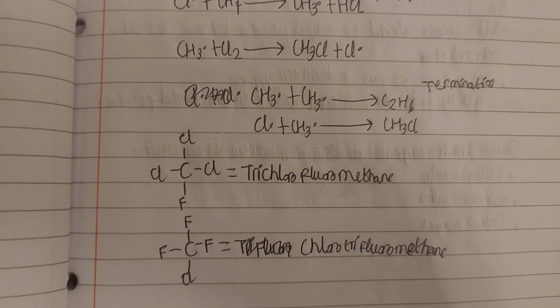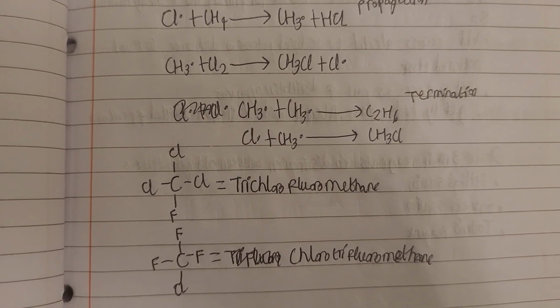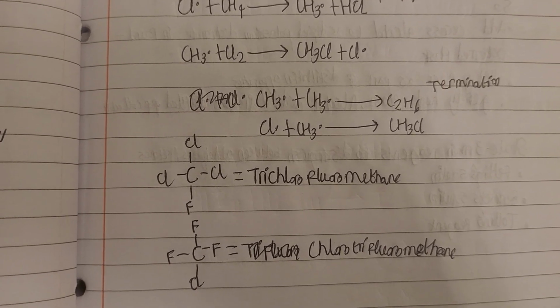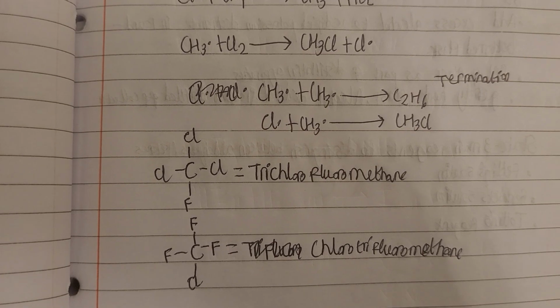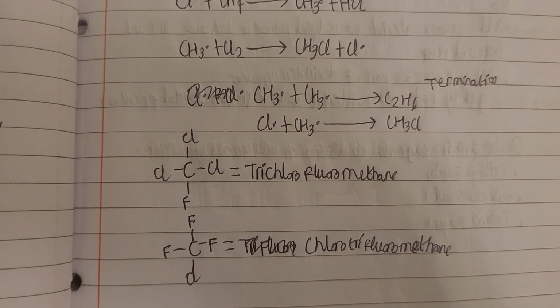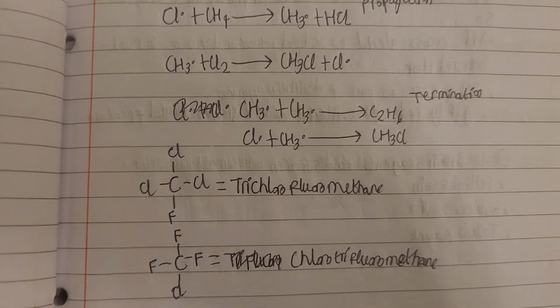Trichlorofluoromethane: I've got carbon, Cl, Cl, Cl, and F on the bottom. Then trifluoromethane is when you've got carbon, F, F, F, and then a Cl on the bottom.